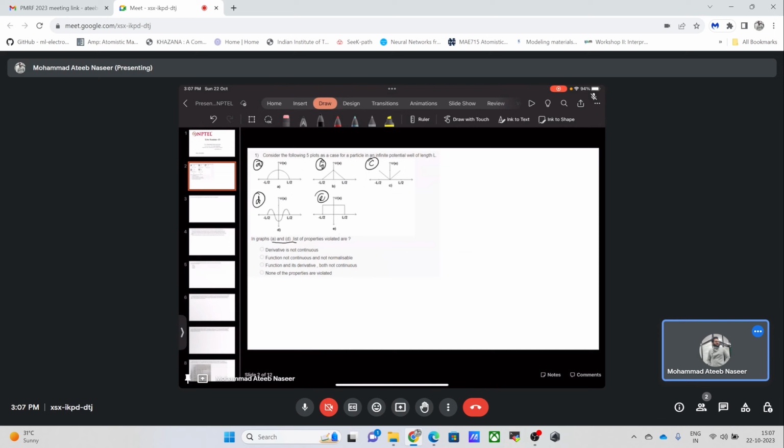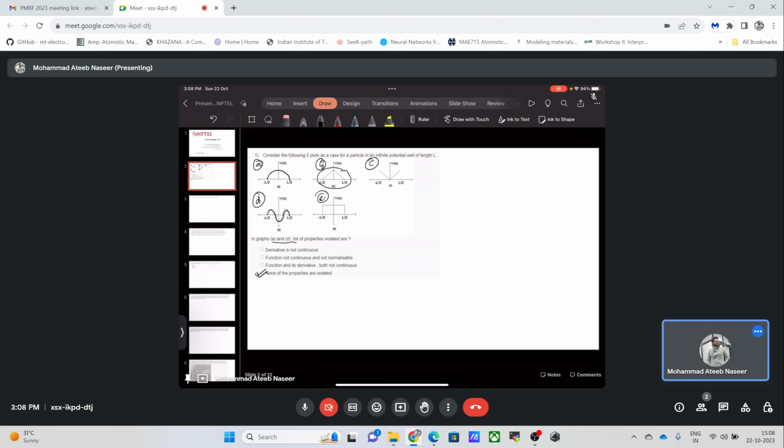Clearly, A and D are both continuous and their derivatives will also be continuous. So we can easily say that they do not violate any properties, while for the rest you can see that there will be problems with the first derivative.